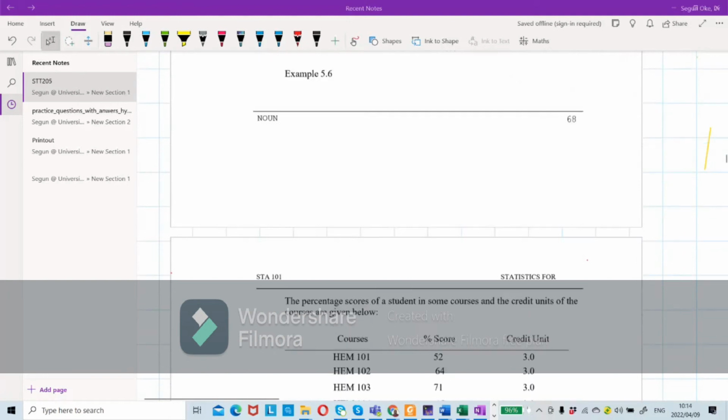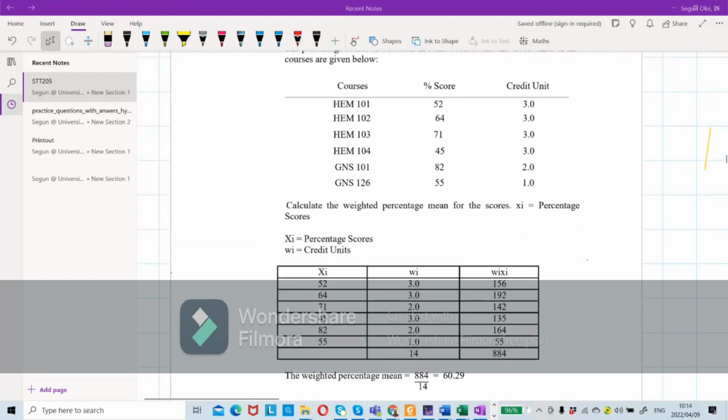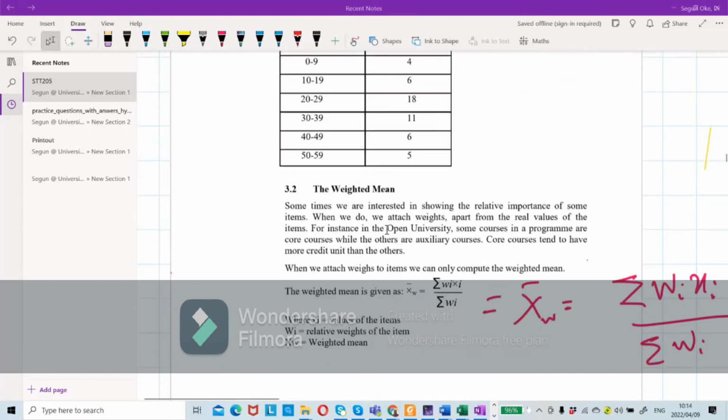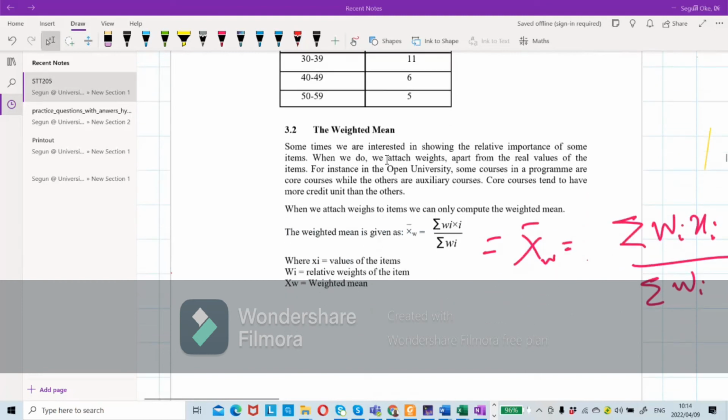So we have the example here talking about the weight. What is the weight value? If you read it from here, the formulas are very simple.